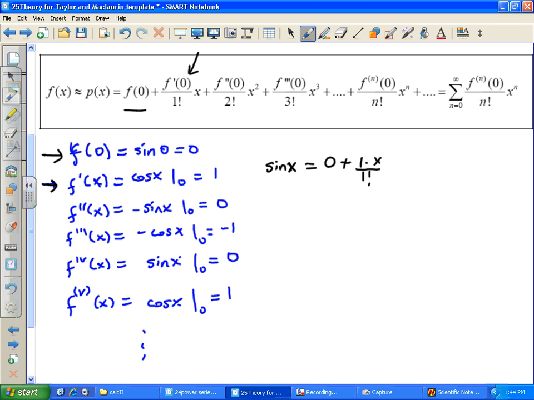Okay. The next one, f double prime, that will be 0. F triple prime, we have a negative 1 there, so I might as well erase my plus sign there and make it negative 1 times x cubed over 3 factorial. Next one will be 0.